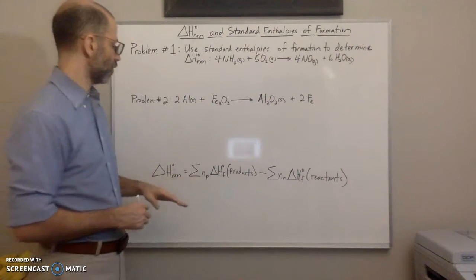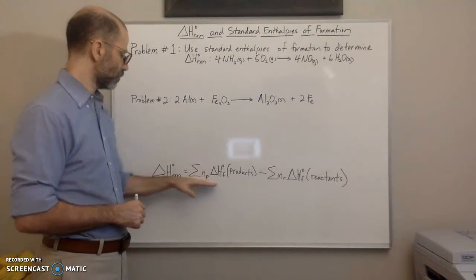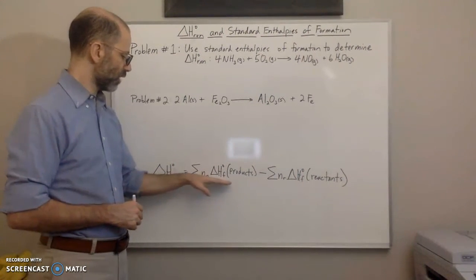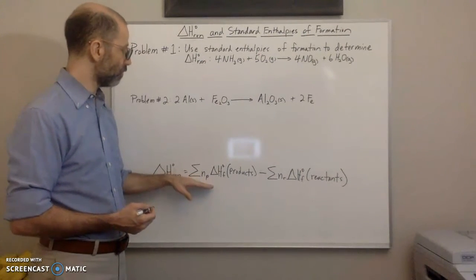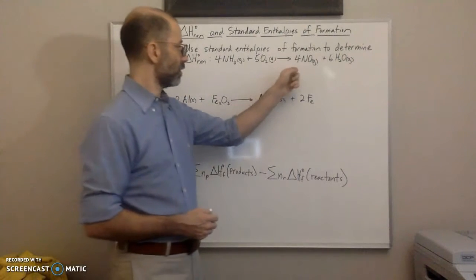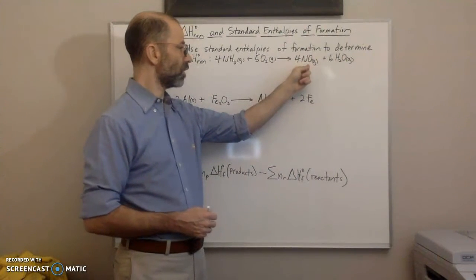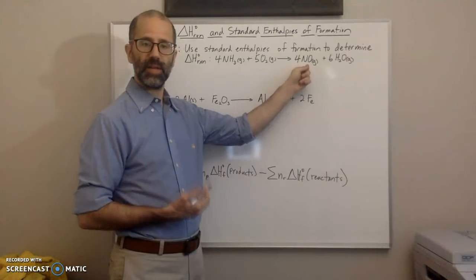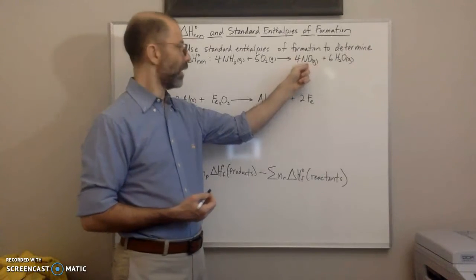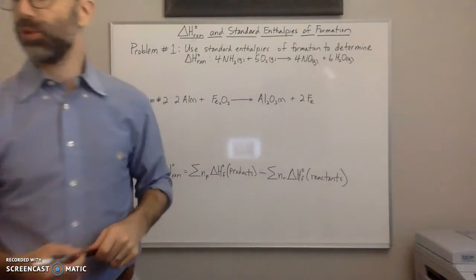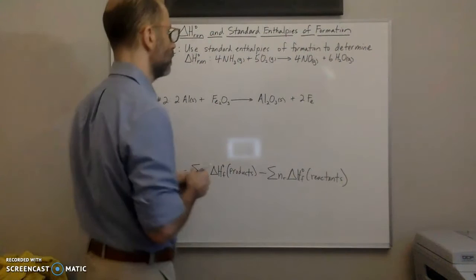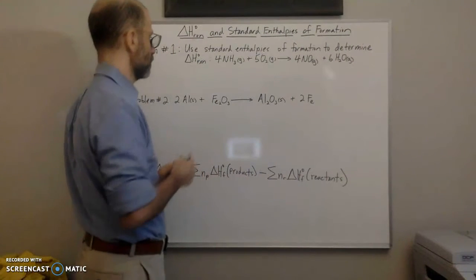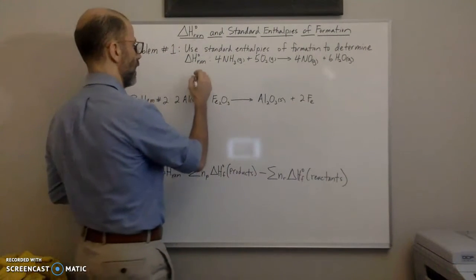So the first thing we need to do is multiply the standard enthalpies of formation by the coefficients for each of the products. Let's start with NO. We need to look up the standard enthalpy of formation for NO gas, and we find it is plus 91.3, so we're going to add that.